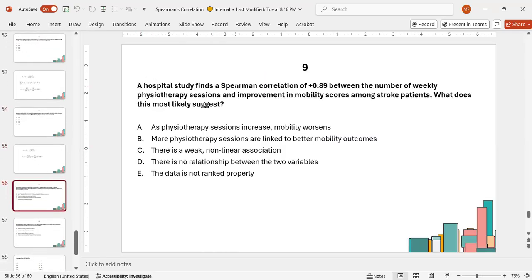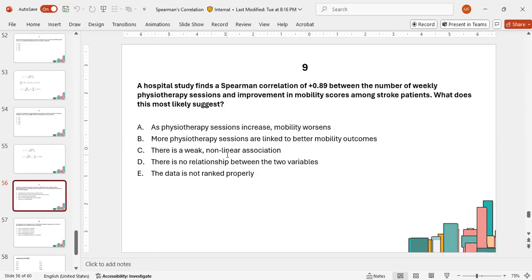A hospital study finds a Spearman correlation of 0.89 between the number of weekly physiotherapy sessions and improvement in mobility scores among stroke patients. What does this most likely suggest? The Spearman correlation is positive 0.89. The first option is: as physiotherapy sessions increase, mobility worsens. B option is: more physiotherapy sessions are linked to better mobility outcomes.